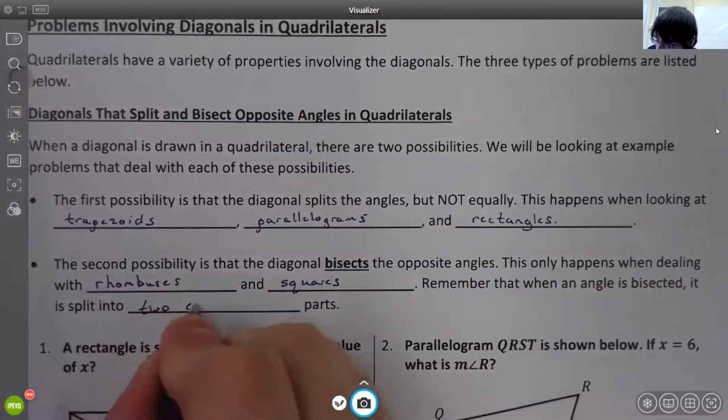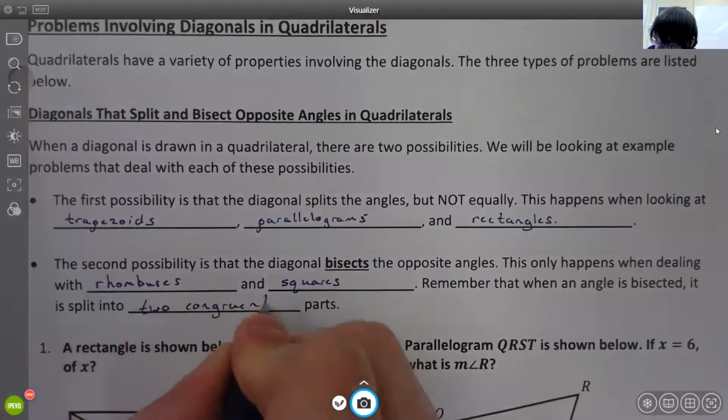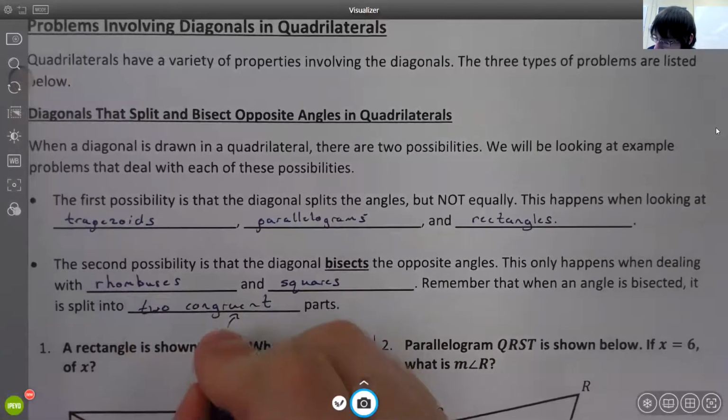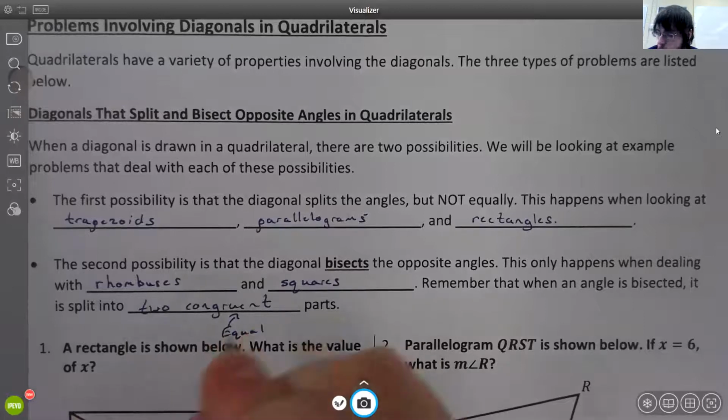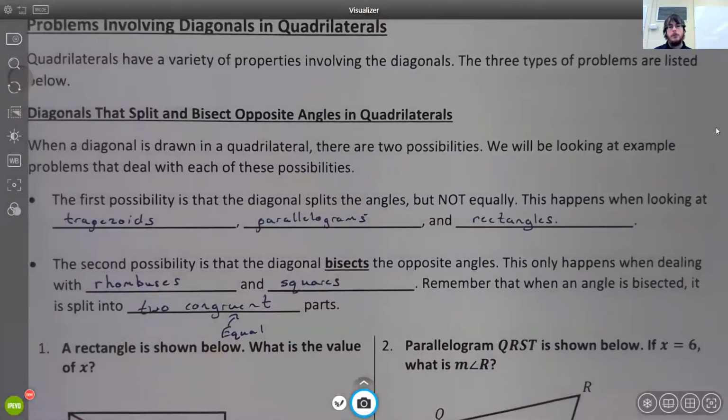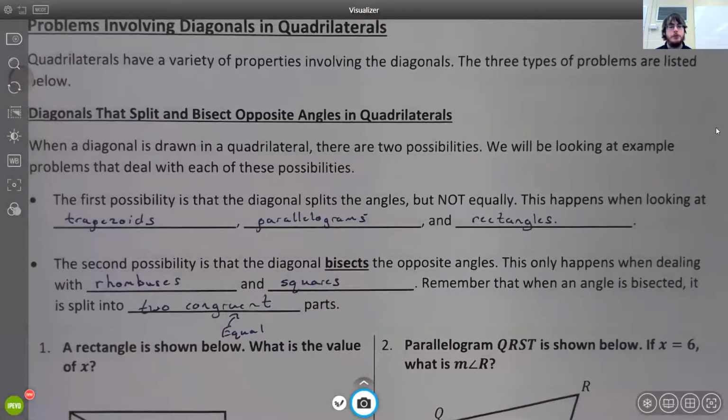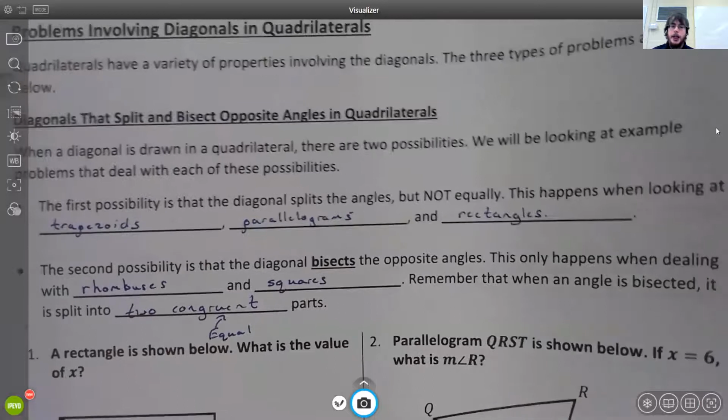And remember, congruent means equal. Okay. So let's look at some example problems and see how we would figure these out.